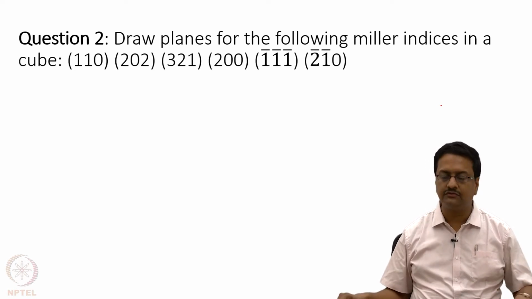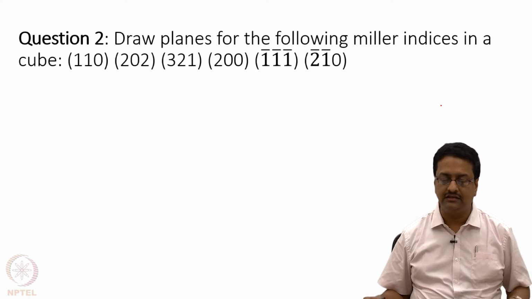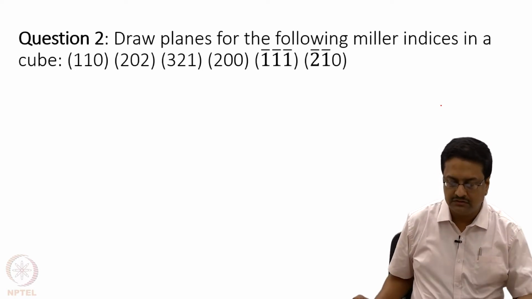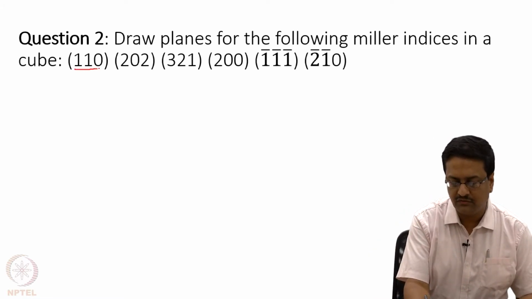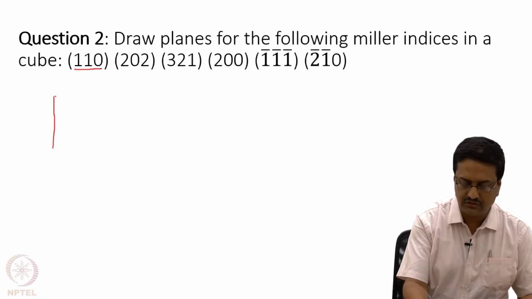Here you are supposed to draw a few HKL planes with given designations inside a cube. So the first one is 110 plane. So first we should draw a cube.